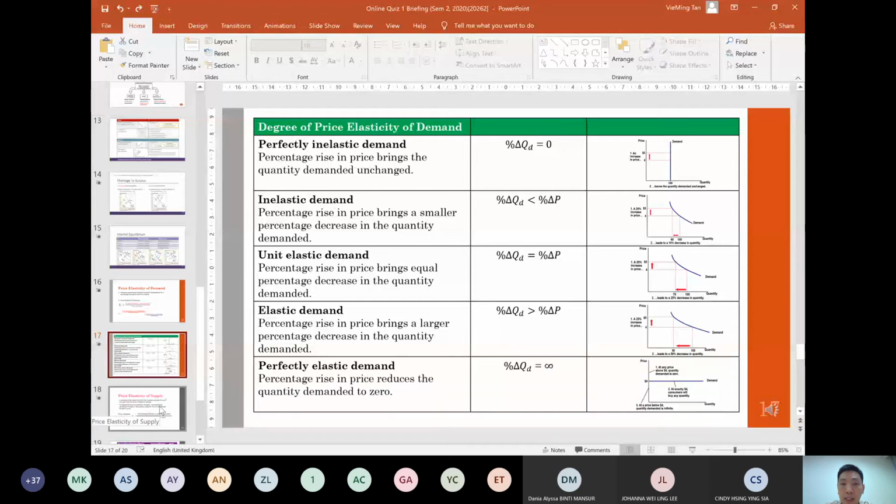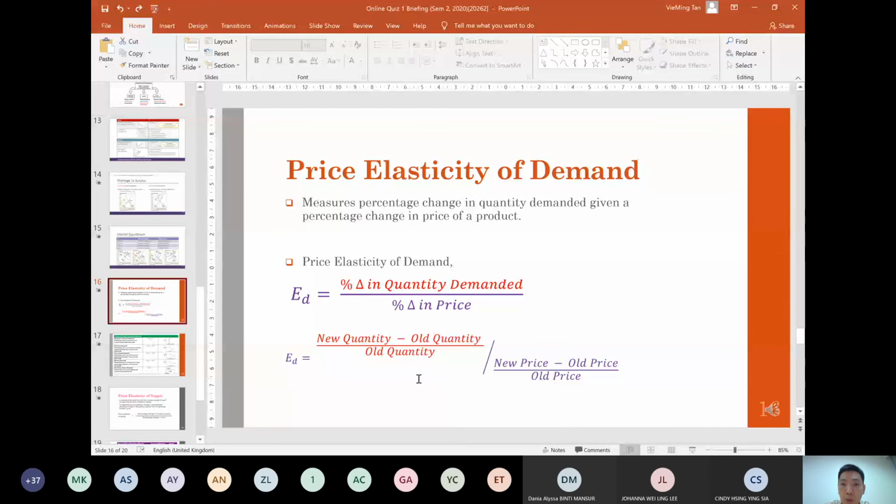Okay, then lastly is this formula. Sometimes the question may test your understanding on how to transpose the formula, for example asking you to calculate the percentage change in quantity demanded. Let me see, there is one question to test your understanding.